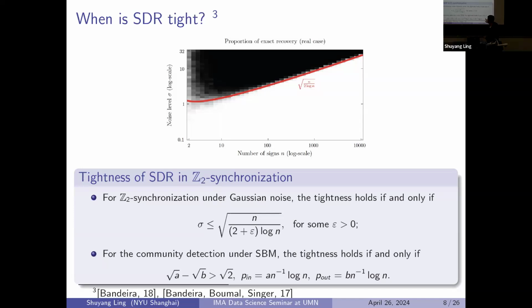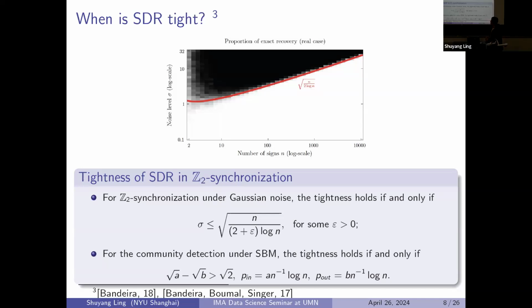If p_in and p_out are in this log n over n regime, with a and b, and if the square root of a minus square root of b is greater than square root of 2, which basically means the within-cluster connectivity is larger than the between-cluster connectivity, the SDP is tight. It's able to recover the underlying truth.